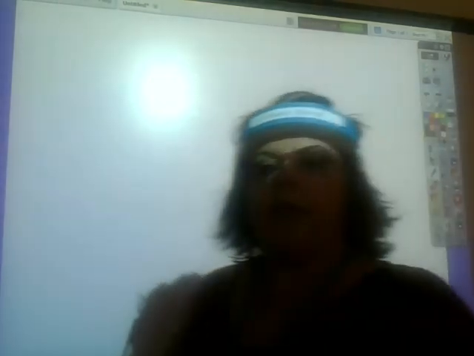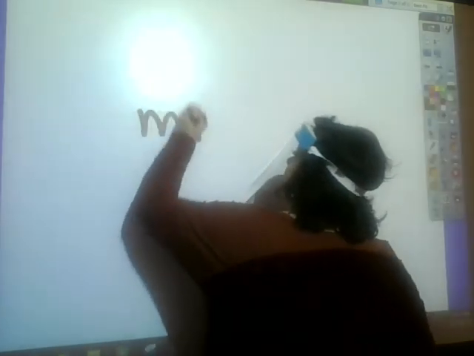Now I'm going to write 2 words on the board. I know you can't see me very well, can you? But I'm going to write 2 words on the board, and I want you to think about this. This week we're working on the prefixes, and we're taking a prefix and we're adding it to a root word. So I'm going to write one of your spelling words, mislead.